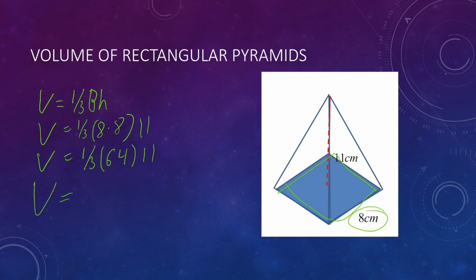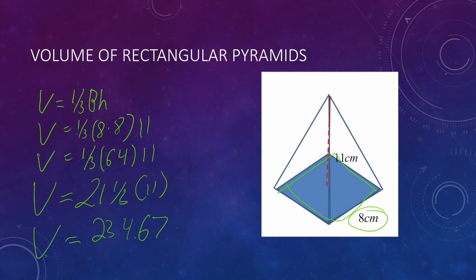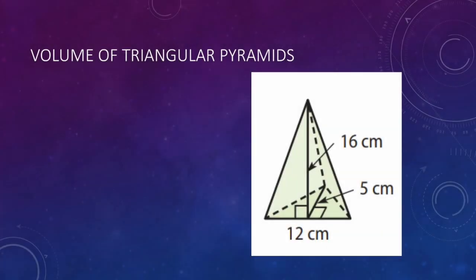So V equals 21 and 1/3 times 11, which makes the volume of our pyramid 234.67, or 234 and 2/3 centimeters cubed.